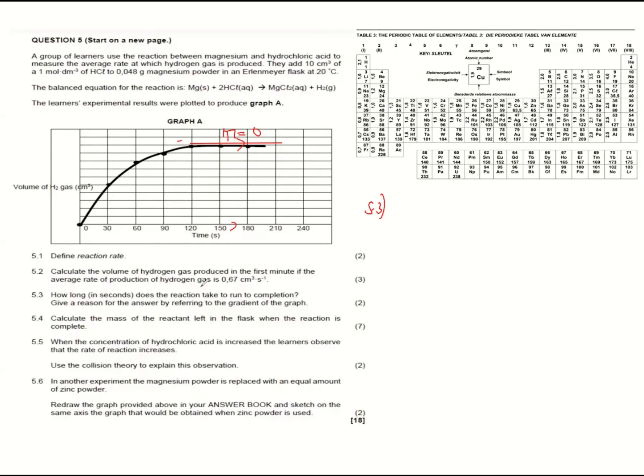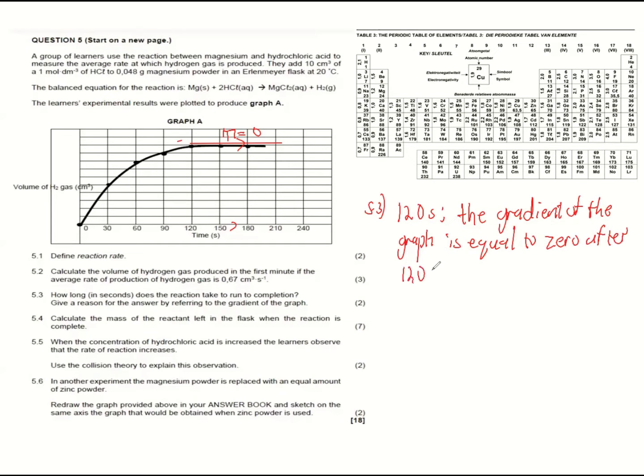So we say it's 120 seconds, and the gradient of the graph is equal to 0 after 120 seconds. Okay, so that's how we were supposed to tackle that one.